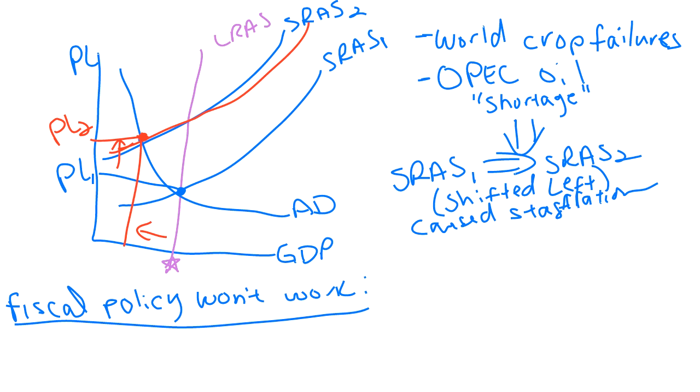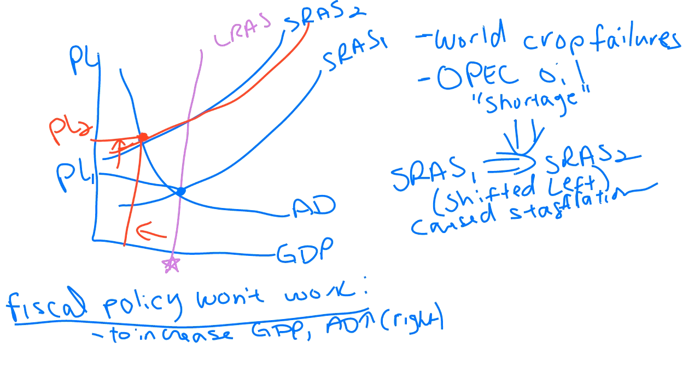If we're going to target something, say we want to increase GDP, what can we do? Well, we can do things to shift aggregate demand to the right. So if we shift aggregate demand to the right, let's see what happens.